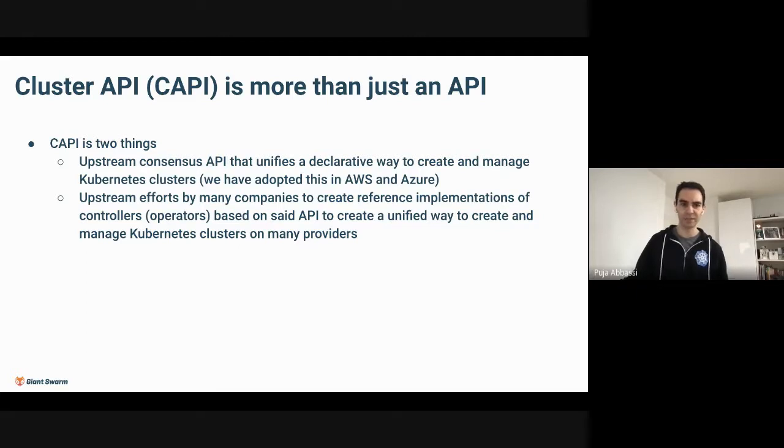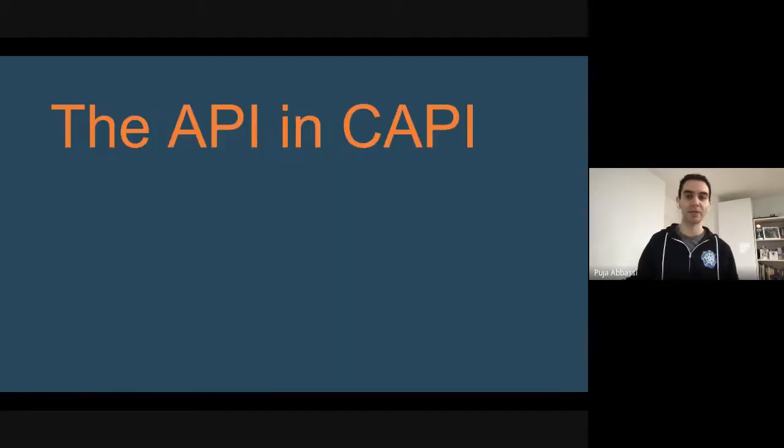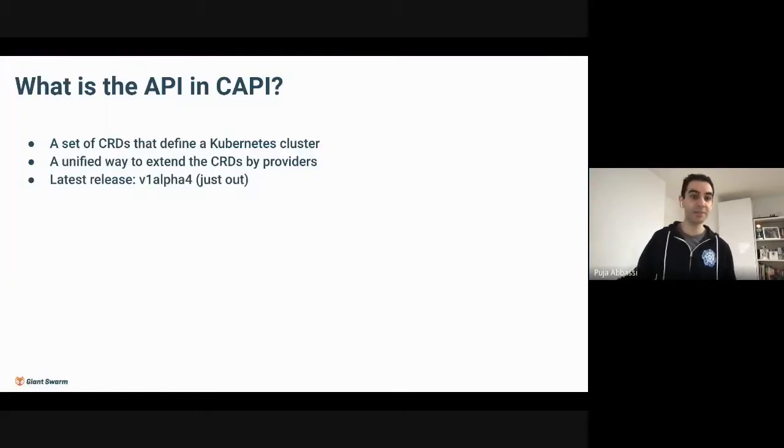So let's look at these two things separately, because we've also worked on them separately. We've been focusing on the API very early on. And what is the API in Cluster API? It's, as I said, a set of custom resource definitions that define a Kubernetes cluster.